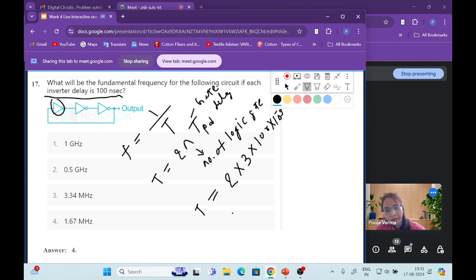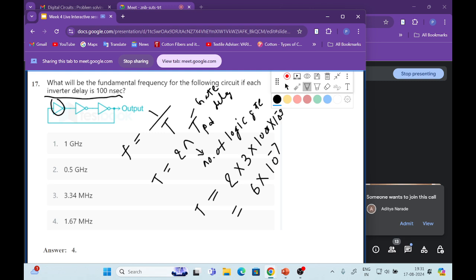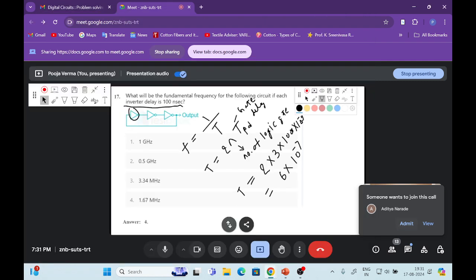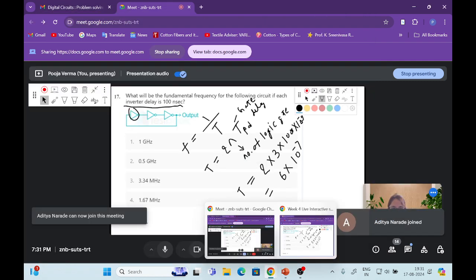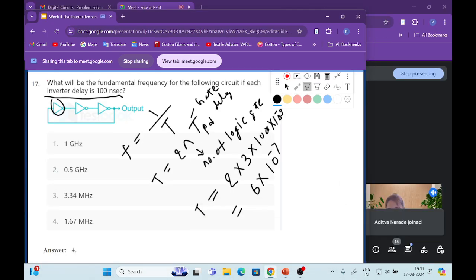Okay. Now it will come to 6 into 10 to the power minus 7, because here it is 100, 10 to the power 2, minus 9, so minus 7 will be there. So T is this many seconds, right? Now we need to find out the fundamental frequency. So 1 upon T, right?